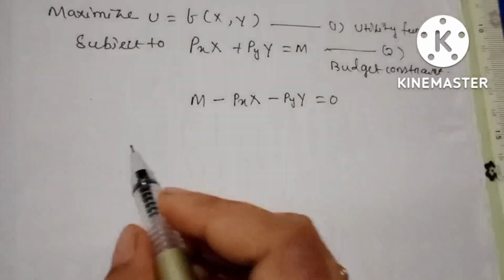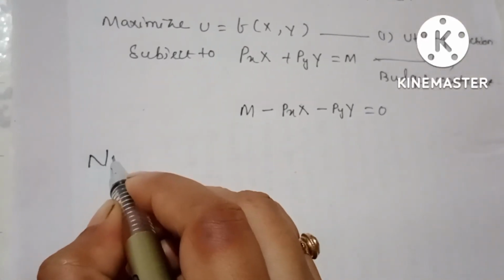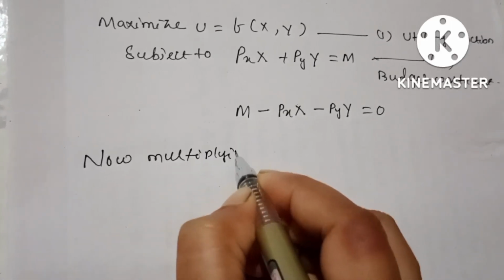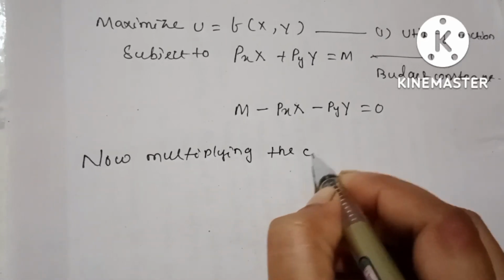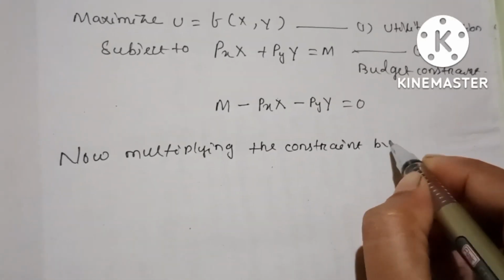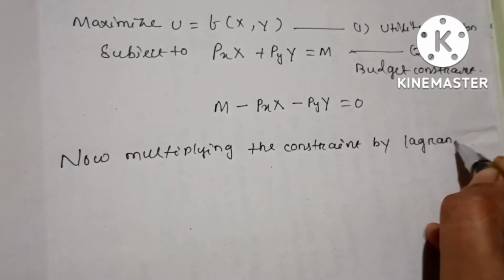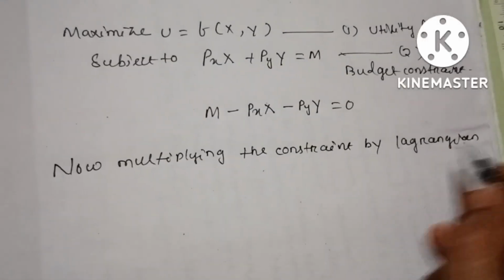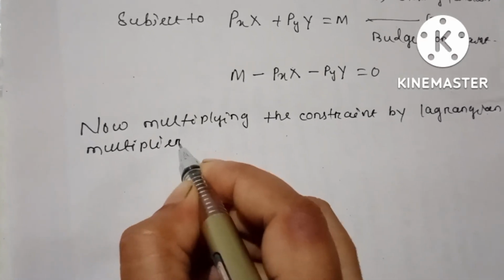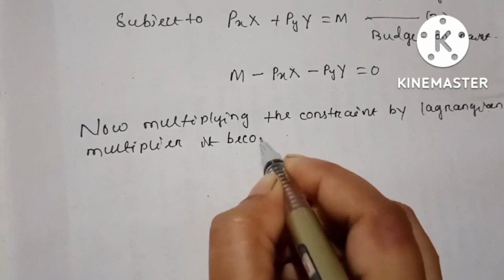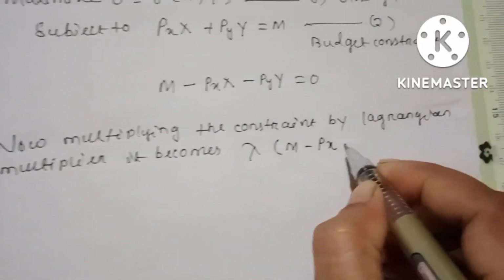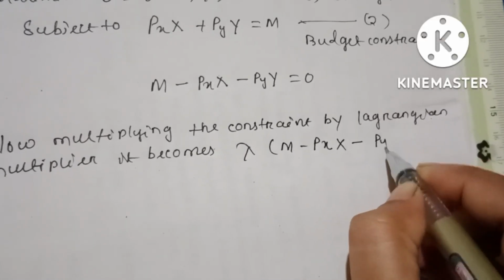Now, multiplying the constraint by the Lagrangian multiplier, it becomes lambda into m minus pxx minus pyy.